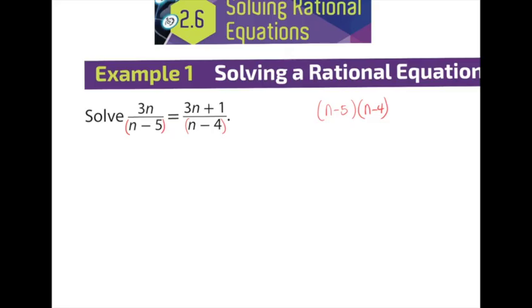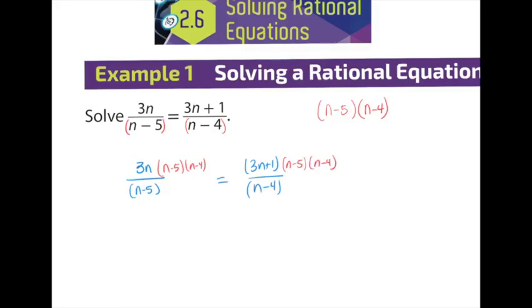So if I take this equation here, and I have 3n over n minus 5, and I multiply it by that common denominator, n minus 5, n minus 4, and equals this guy, 3n plus 1 over n minus 4, and multiply it by n minus 5, n minus 4.